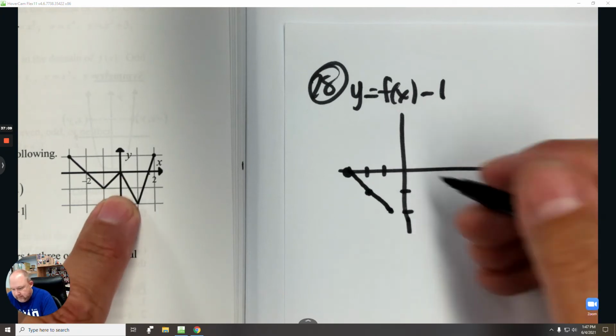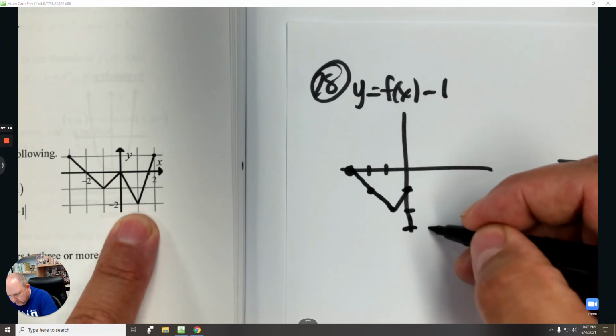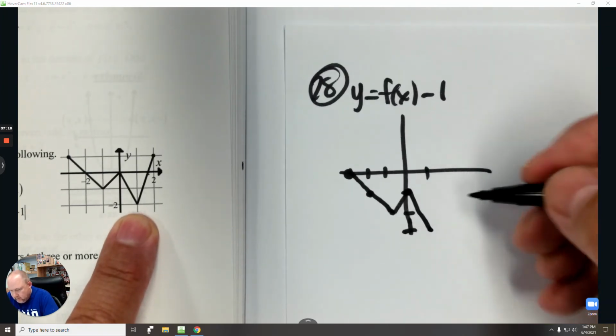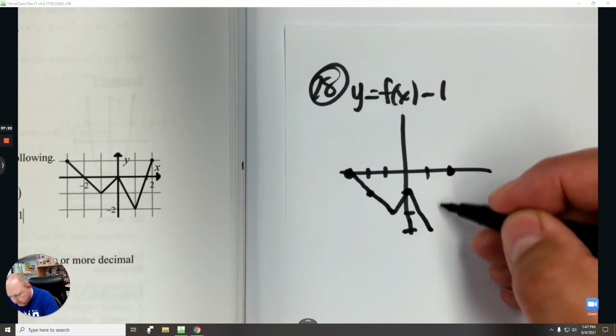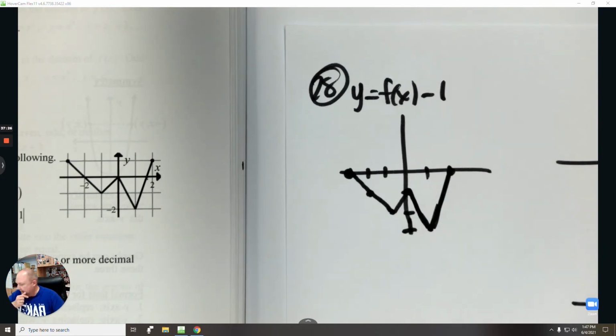This point goes down. This point goes down to negative 3. And then 2, 1 becomes 2, 0. Oops. These are all line segments. 29.